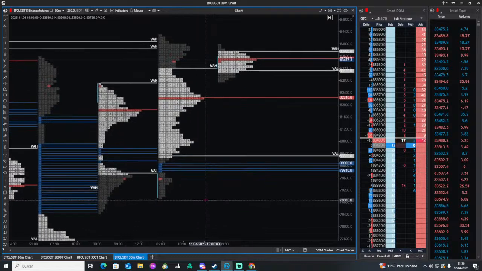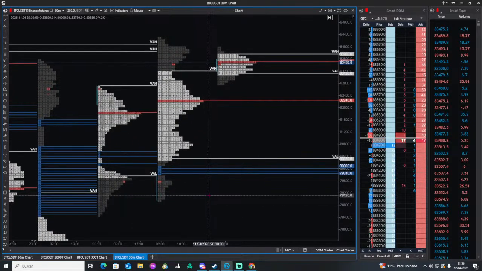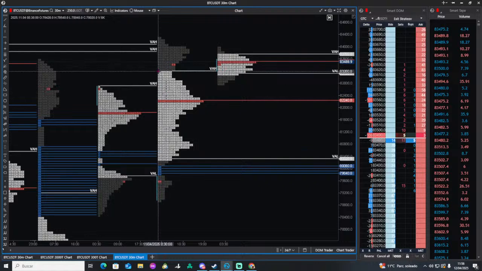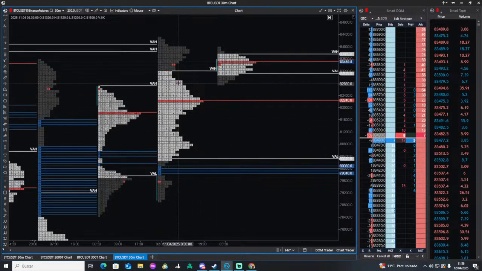That's the principle and the three things that a TPO has. It has a value area, with most time spent in these two areas, and a maximum time spent, that is the TPOC, time POC, the point of control but of time.